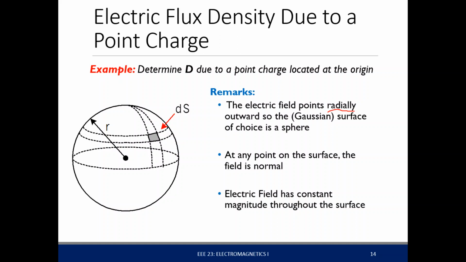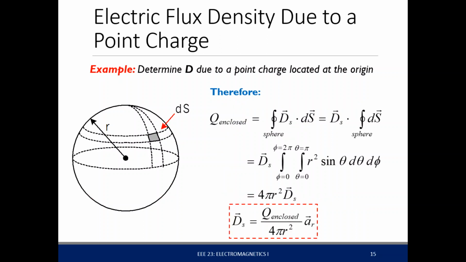So at any point on the surface, the field is normal, due to the electric field of your point charge. With that, the electric field has a constant magnitude at any point on the surface of the sphere. Okay? So we can solve for the electric flux density for this Gaussian surface, which is a sphere of radius r.